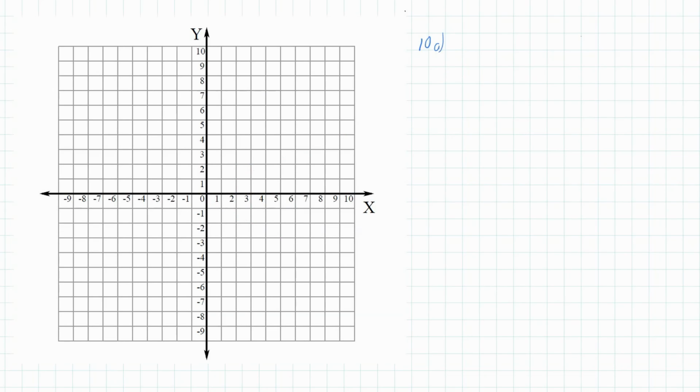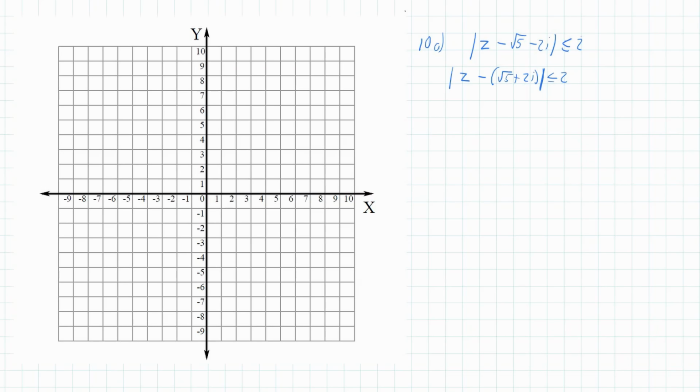We have modulus z minus square root 5 minus 2i is less than or equal to 2. Okay, I'm going to rewrite this in the correct form. So my number will look like that. Now, if I'm going to go square root 5, so that's just over 2, isn't it, really?